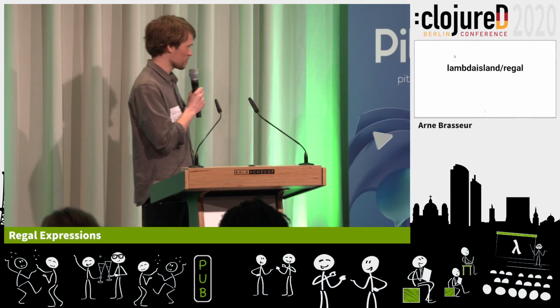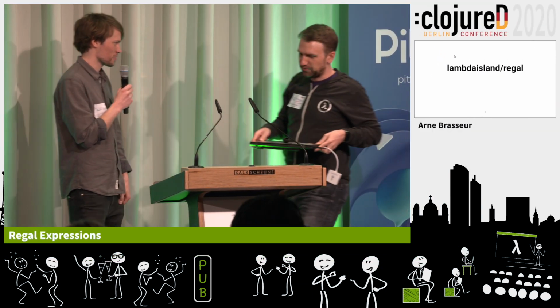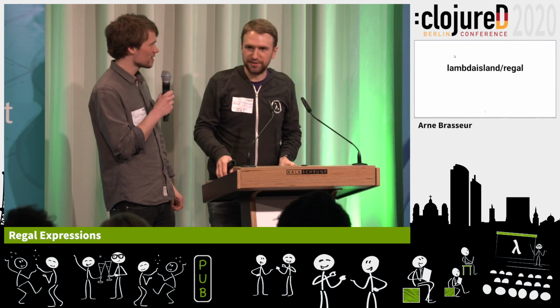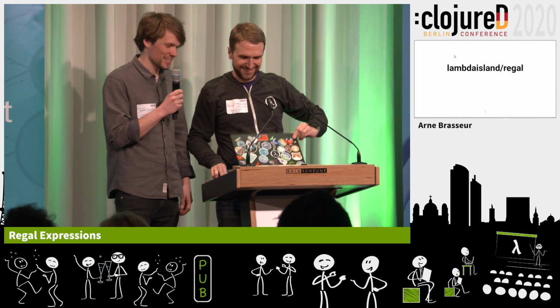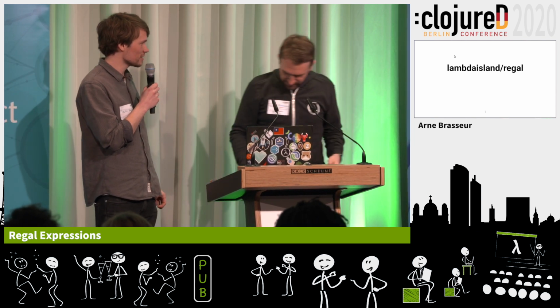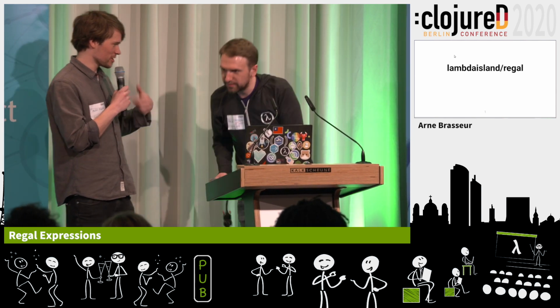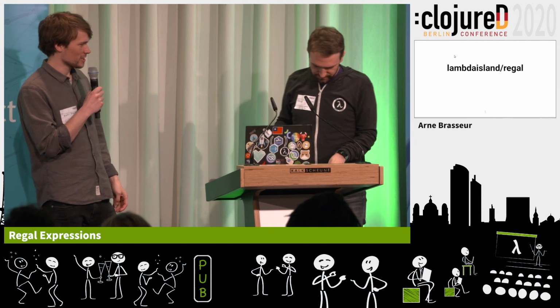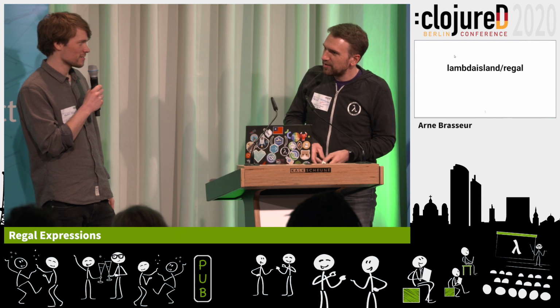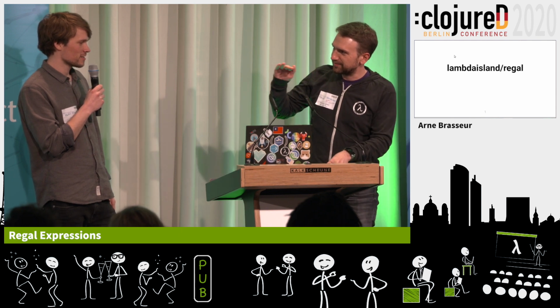So Arne's going to talk about Regal, and I'm sure he's... what? Regal. It's an English word. I don't know. It means like a royal. Yeah, when you say it in German, like Riegel, it means chocolate bar. Well, Regal is something else, right?